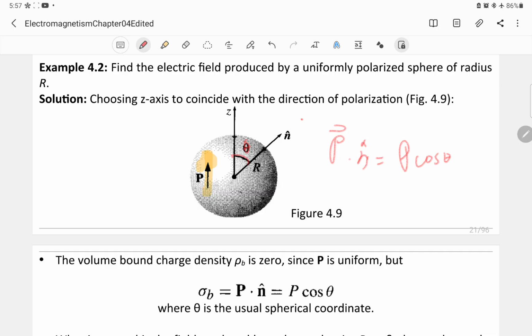Theta there is just the usual spherical coordinate theta, the angle between the point and the z-axis.